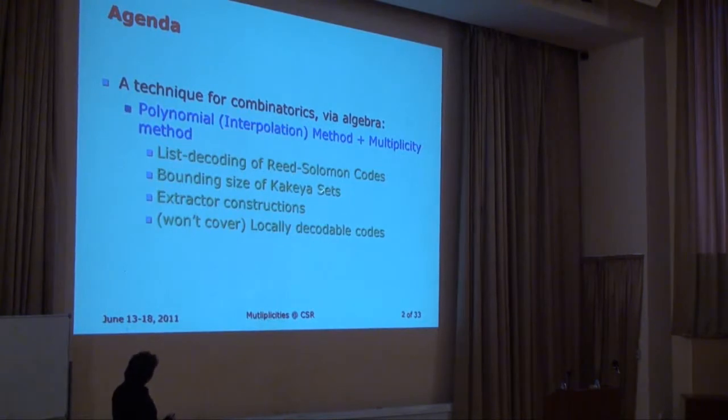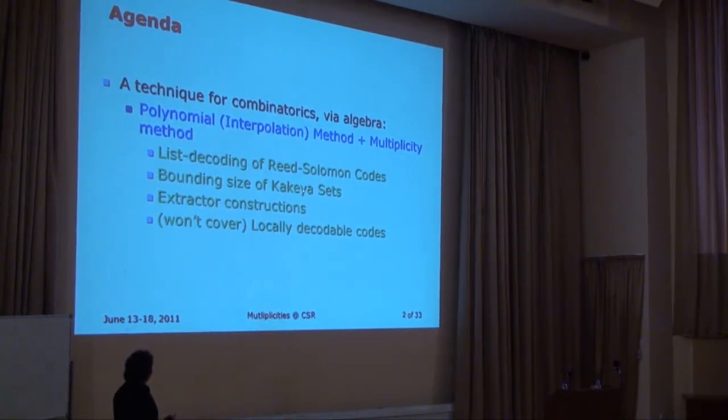This is an interesting combinatorial geometric kind of question, but the real interest for computer scientists came from certain construction of extractors, which was in fact, I think, proposed by Amir in joint work with Zeev Dvir. And this will be the thing that we really wanted to get to, but we'll keep trying to talk about the problem in this context of the Kakeya sets to say, well, we want to develop the technique further, so let's explain it in this context.